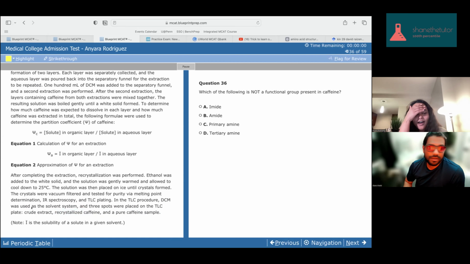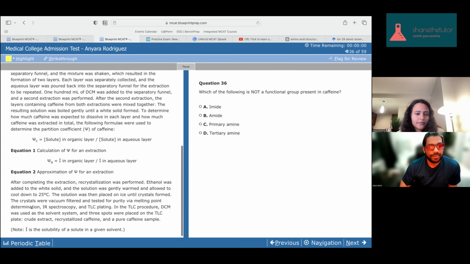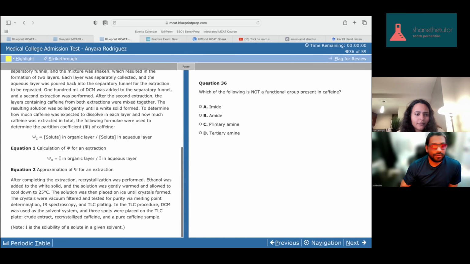Well, let's think about what that crude extract is, though, right? Because if we don't know what it is, we can't tell if it's any type of control. So use the passage information, or you can also look for the other stuff that they mentioned.